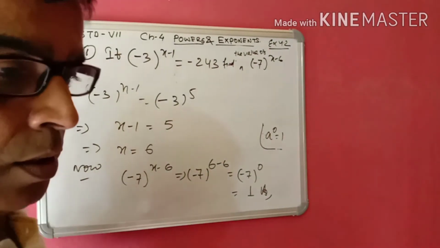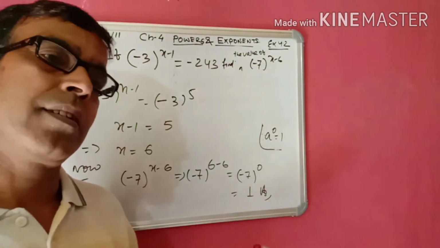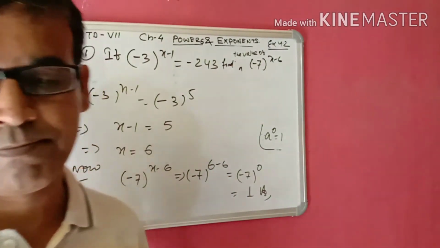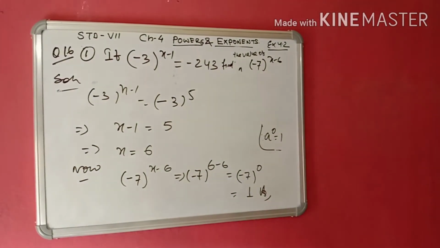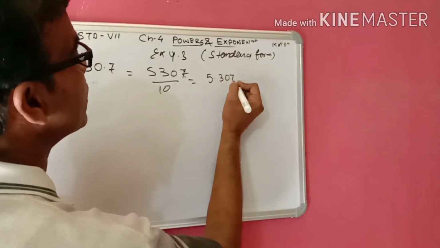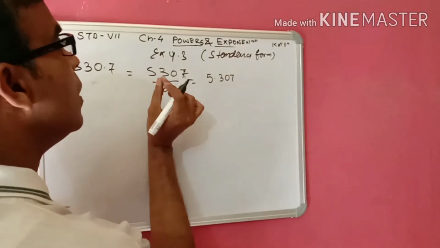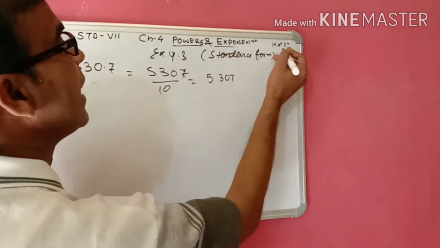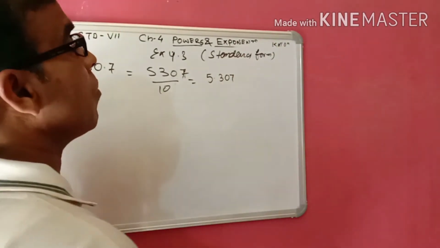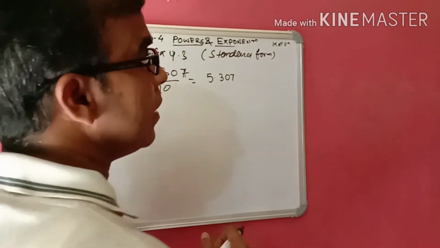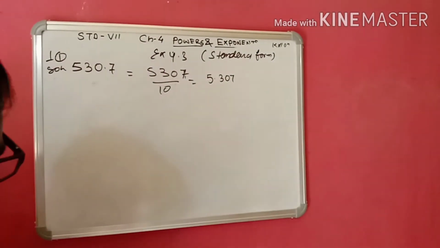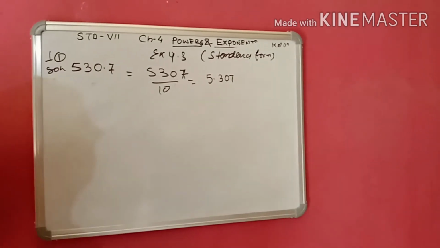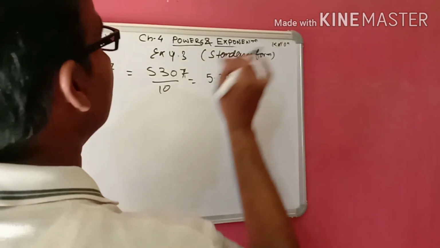Now we have to write the number in scientific notation or standard form. After one digit, the decimal will come. So I can write k into 10 to the power n, where k is greater than or equal to 1 and less than 10.